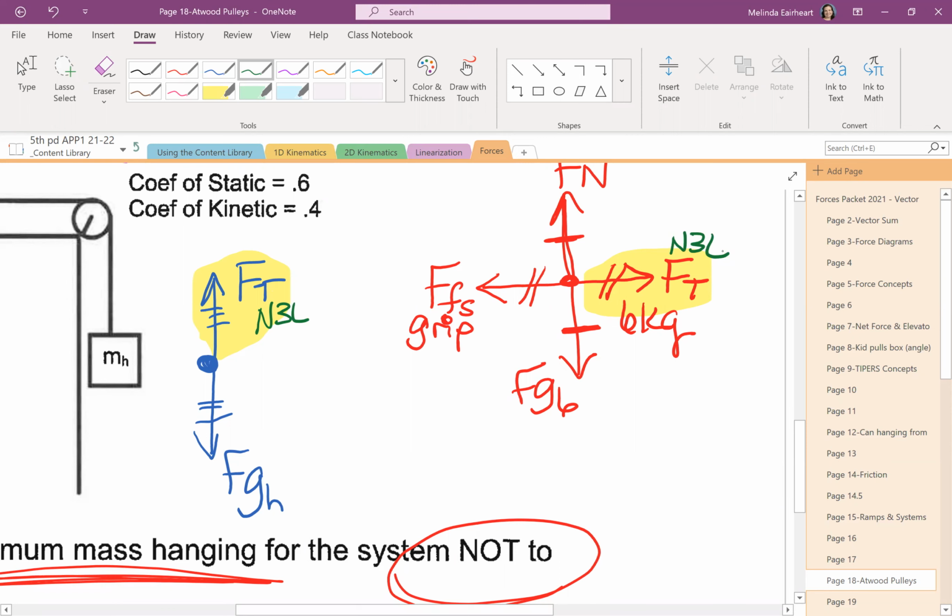Are you noticing trends with Newton's first and third law? It's one force on each object. I push on you, you push on me, or pull, pull. And this is the force that should cancel out when we take a system approach, okay?